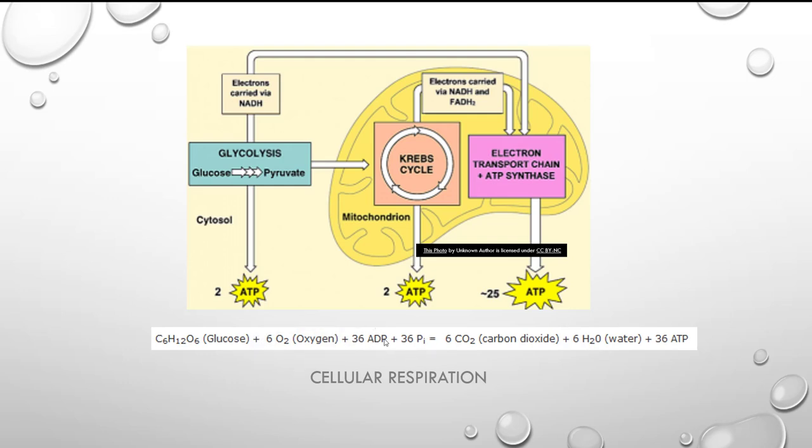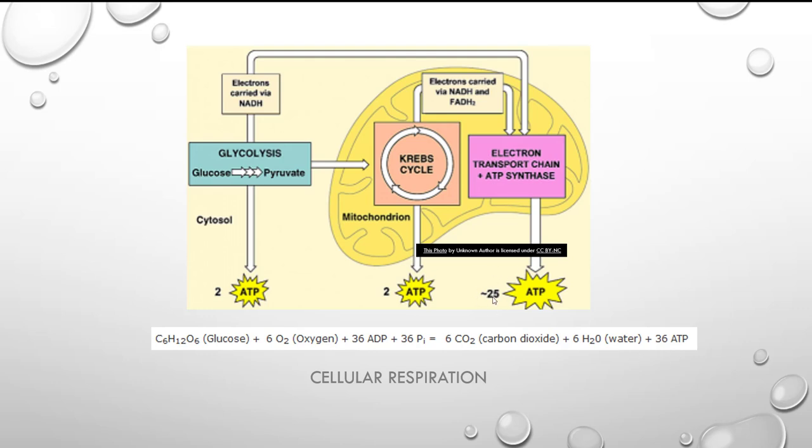So ADP is that adenosine diphosphate, which we talked about earlier, and then the extra phosphate. And then the outputs at the end of the reaction, we breathe out carbon dioxide and water, but then we end up with about 36 ATP at the end, okay? You'll see it range in numbers depending on where you look.